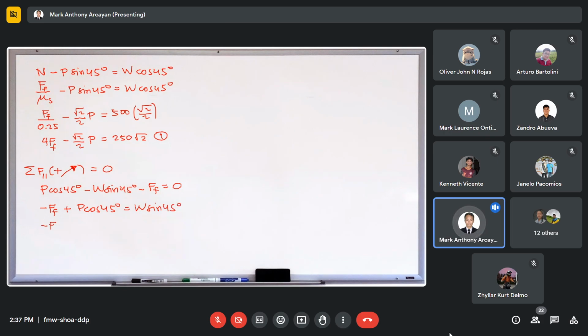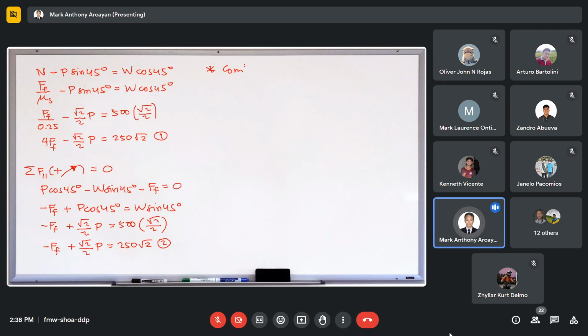This is negative F sub F plus square root of 2 over 2P is equal to 500 times square root of 2 over 2. So, I simplify further, negative F sub F plus square root of 2 over 2P is equal to 250 times square root of 2. So, this is our second equation.